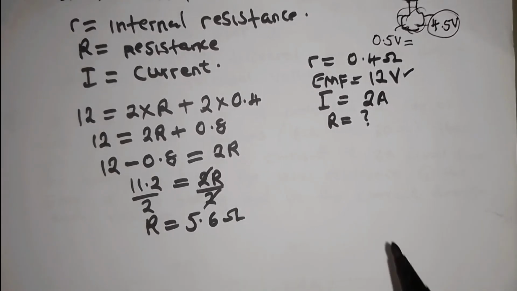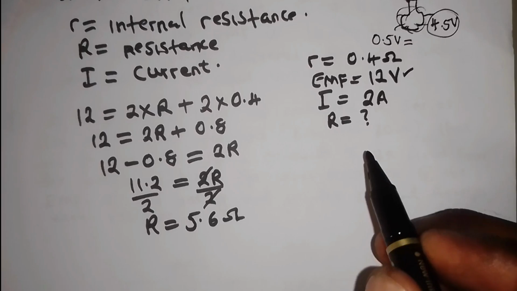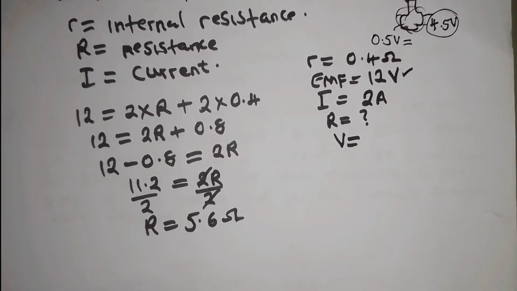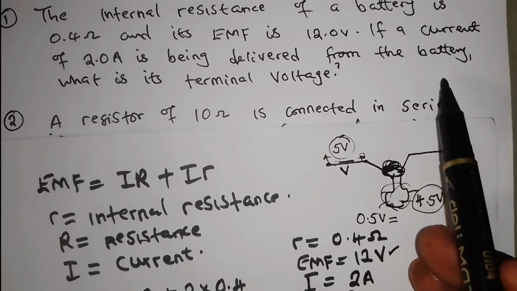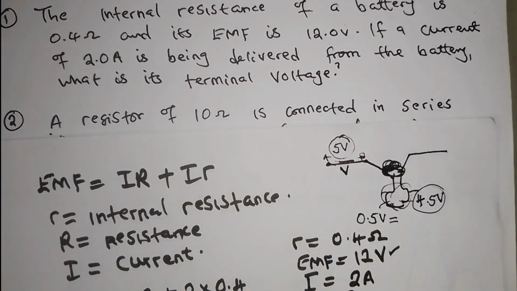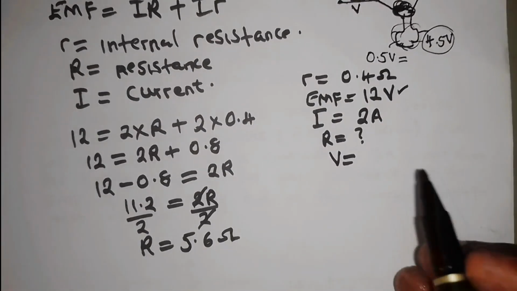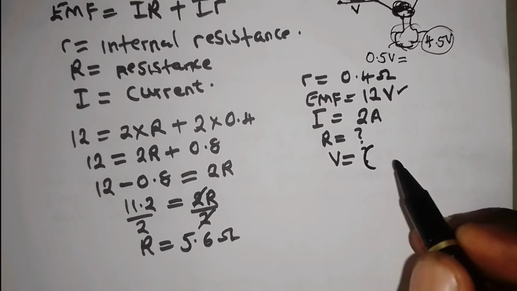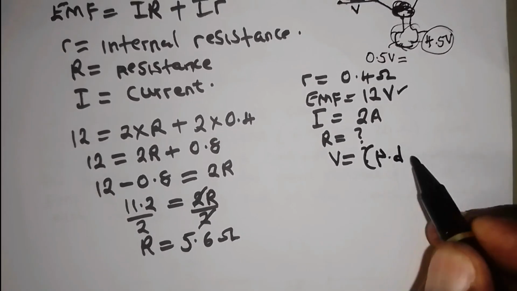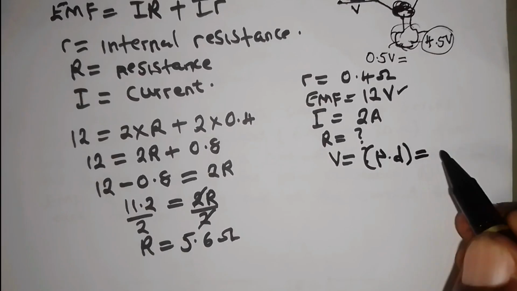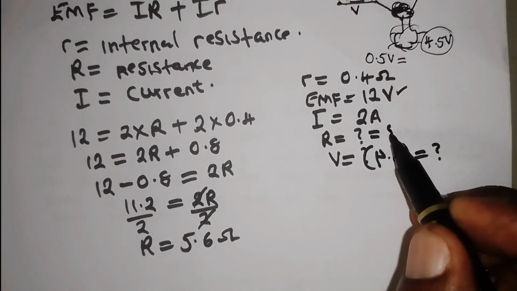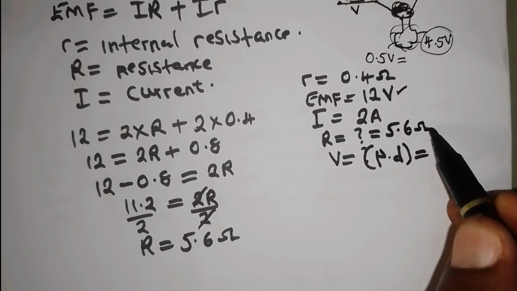Now what you are looking for is the voltage. From the question, you can see they are asking for the battery's terminal voltage. So they are looking at the voltage across the terminals, which is like the PD, the potential difference. The capital R we have found is 5.6 ohms.